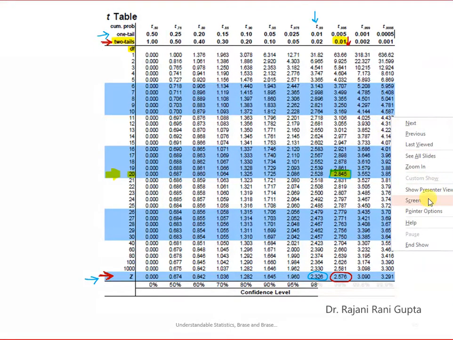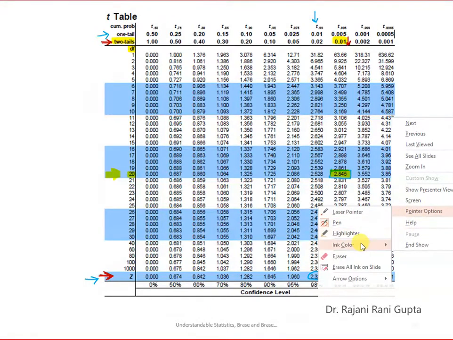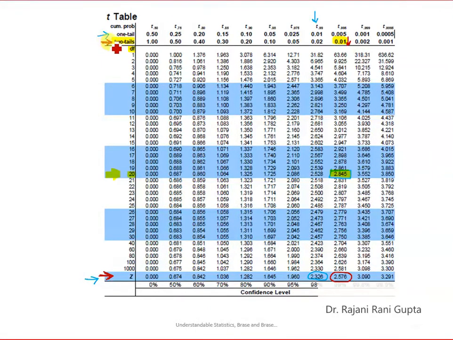So once again, this is how we did it. We first check the type of test, it is two-tailed. Degree of freedom is 20. So from this row we want to select one number. That number is on the basis of the level of significance, which is 0.01. The intersection of these two comes out to be 2.845.